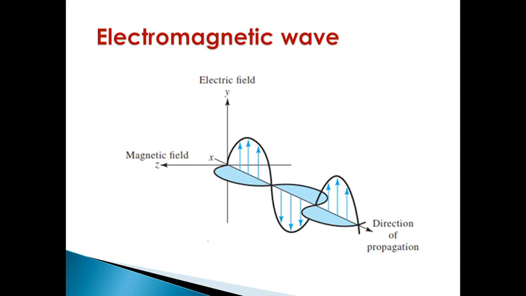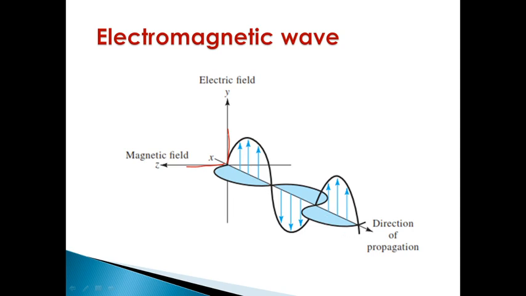Here I will show the picture of an electromagnetic wave. See here, in the y direction the electric component is present, and in the z direction you have the magnetic component. Both the electric field and magnetic field are perpendicular to each other, and they propagate along the x axis as a straight line.